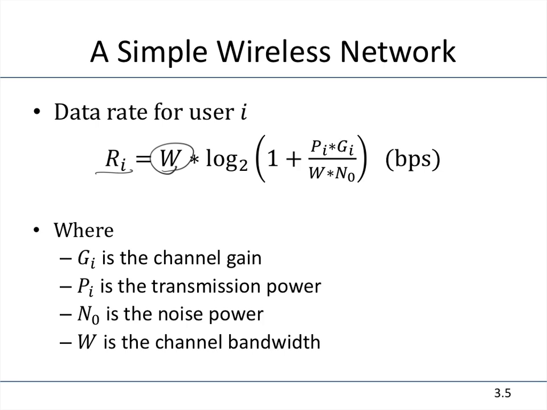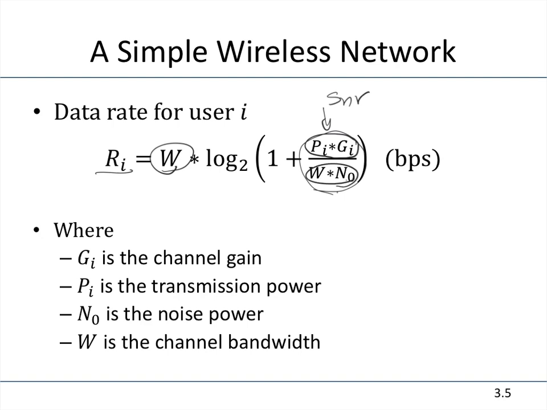So this is basic, and then it's proportional to the logarithm of the signal-to-noise ratio. This is what we call the signal-to-noise ratio. It is the relation between the transmit power, or the wireless channel power, and the noise power.